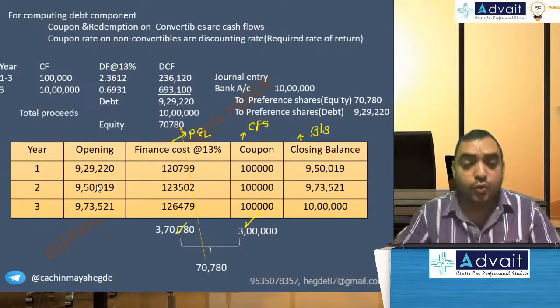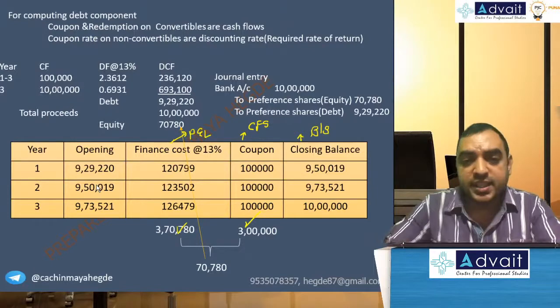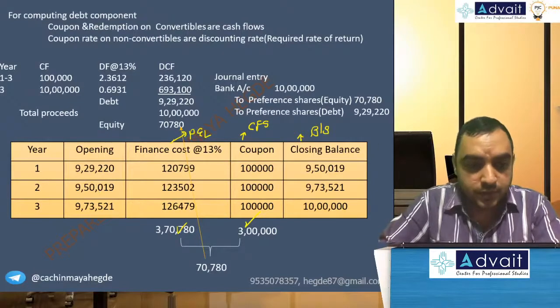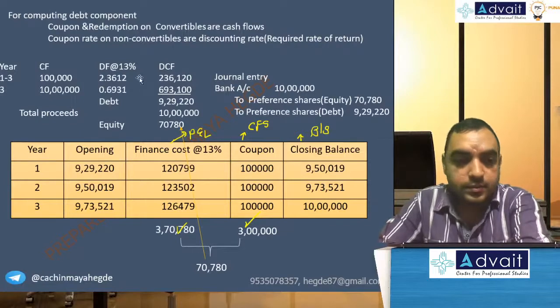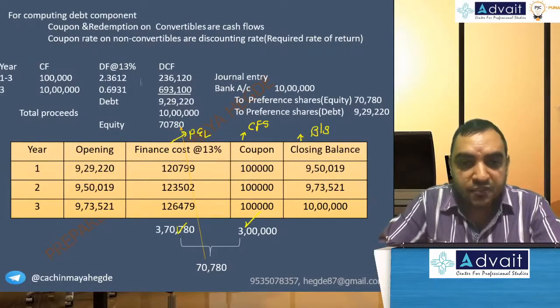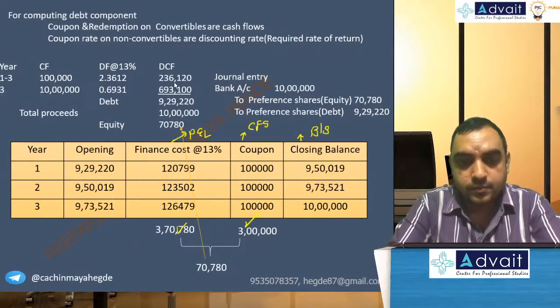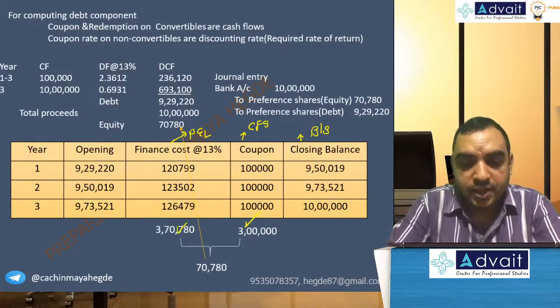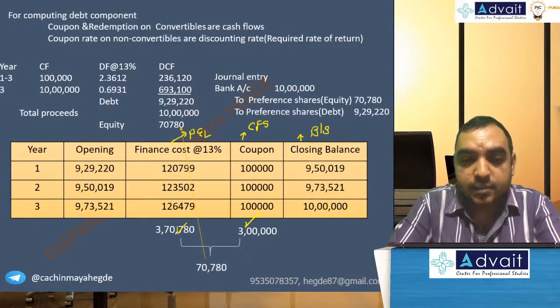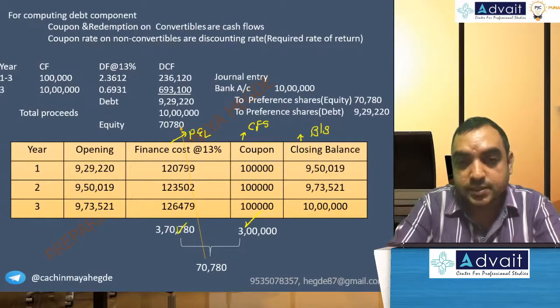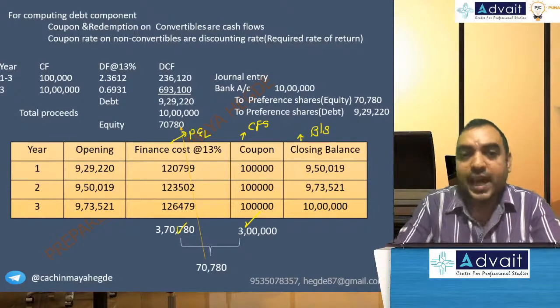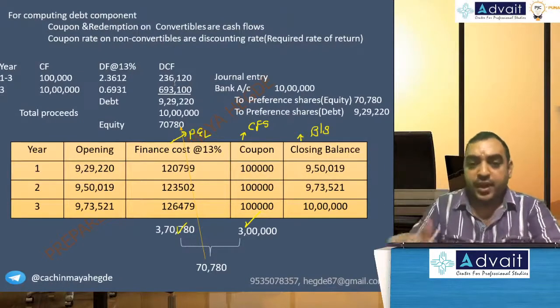Anyway, now what will happen on the settlement date? Let us just quickly observe, just for understanding purposes only. After 3 years, if settlement is on cash basis, it can happen in the middle also, it can happen later also.